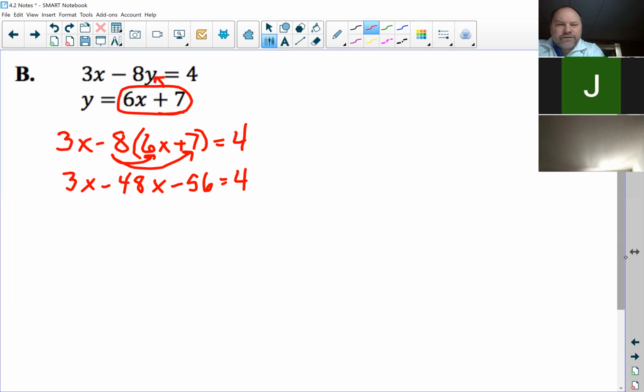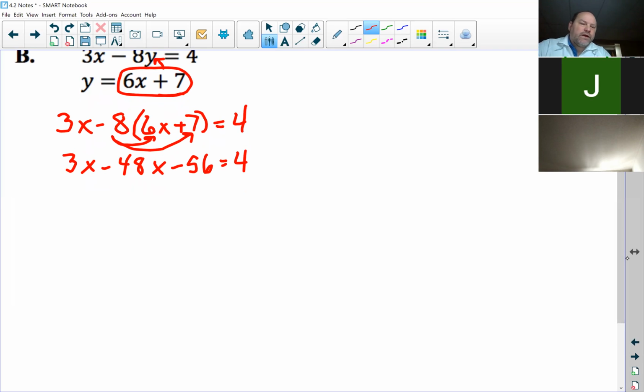So when I'm solving an equation, I use the distributive property first, then I combine like terms. So here I have like terms, the 3x and the minus 48x gives me a total of minus 45x. Minus 56 equals 4.